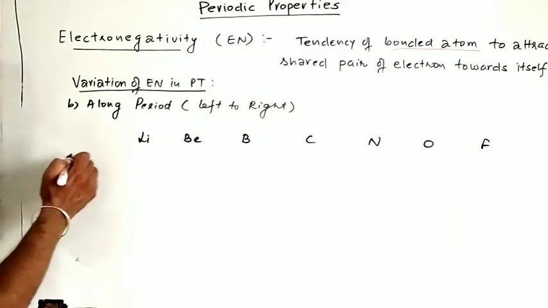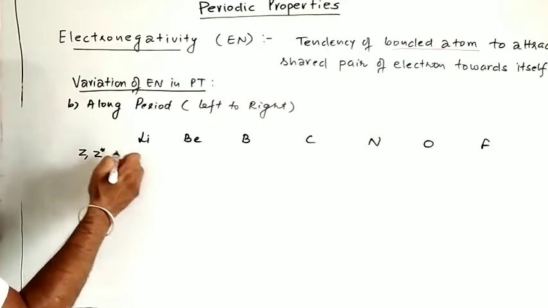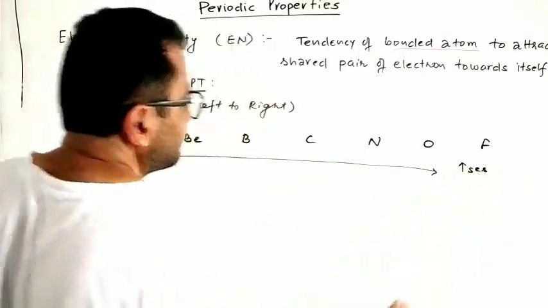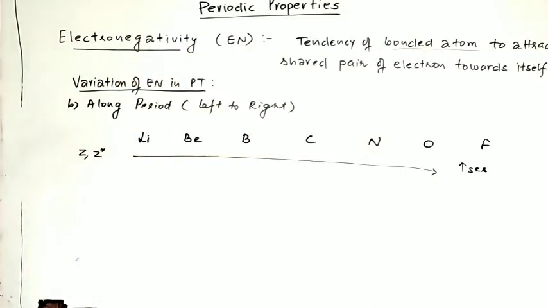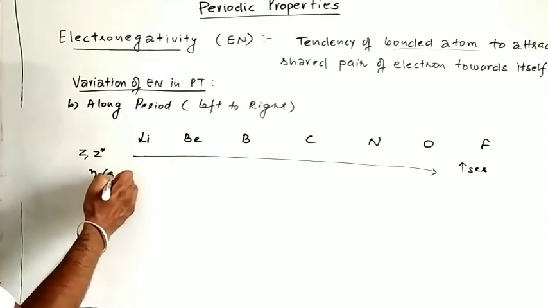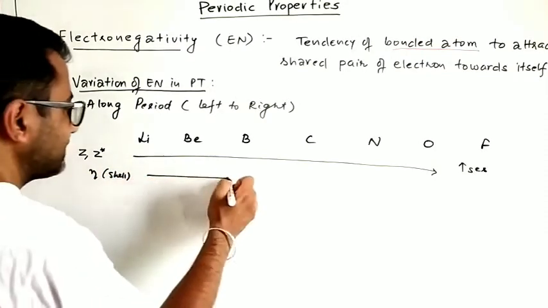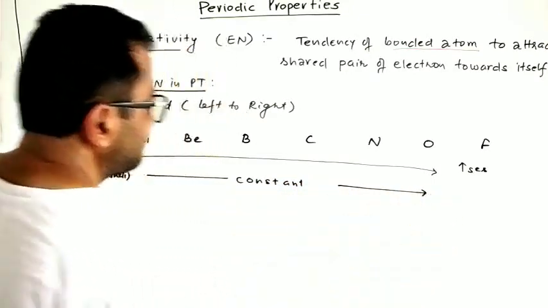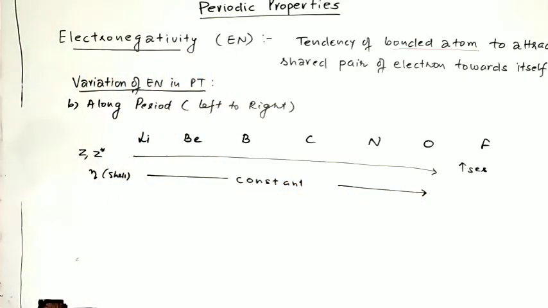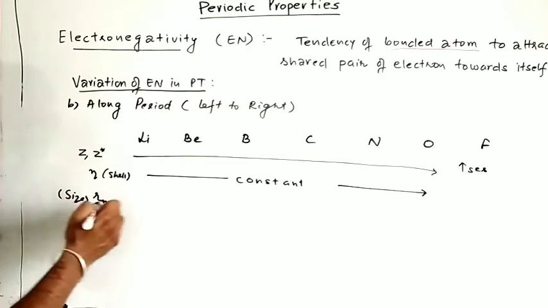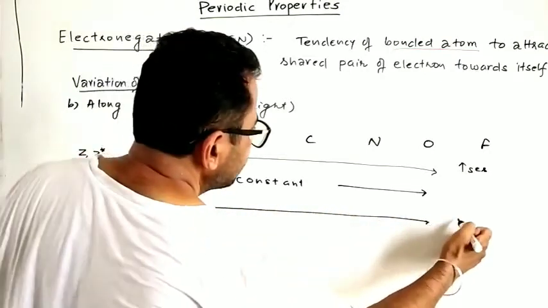When you move this side, both Z and Z star increase. Nuclear charge increases. Number of shells remains constant. Radius, which means size, decreases.